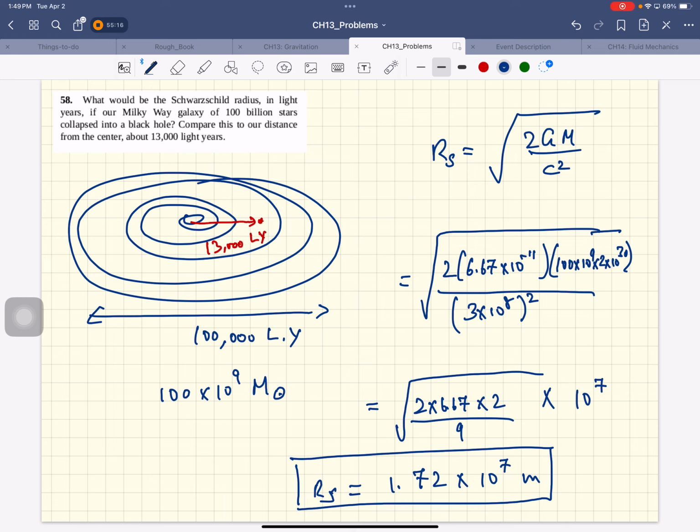All right, so the radius is 17 million meters. Whoa, what went wrong?